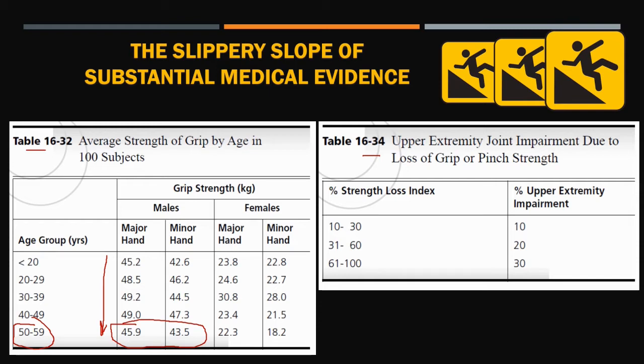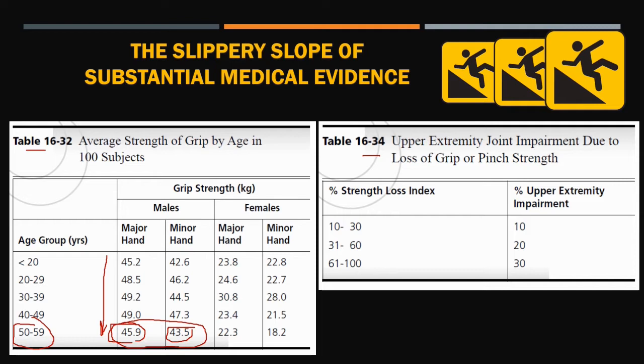So it's conceivable that Mr. Case at 62 years of age would have much lower values than these normal values for males between the ages of 50 and 59. So that was one contention that the defendant raised upon the appeal to this case.